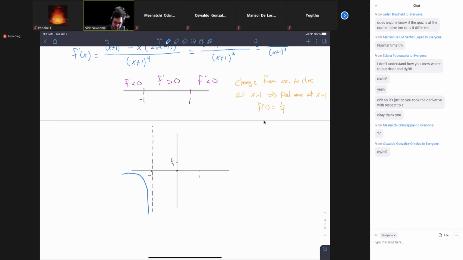And then I'm increasing from -1 to 1. I know that I'm going to have to, at some point, cross through 0, and we get right here at that relative maximum. And then I'm decreasing from there. But I also know that I have a horizontal asymptote. So my graph of my function looks something like this.